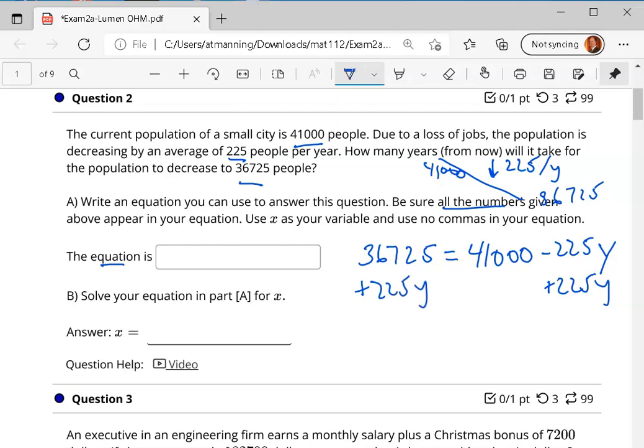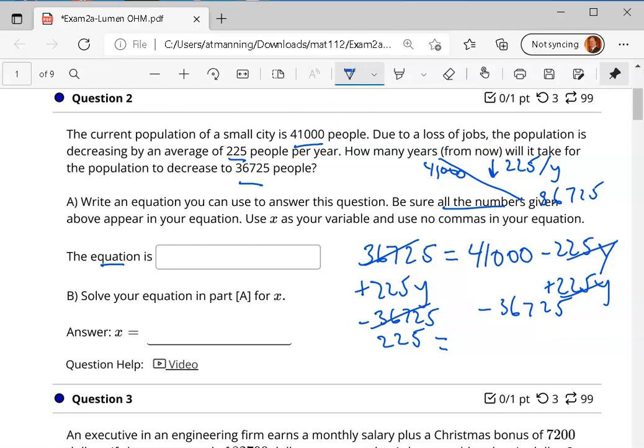And let's subtract 36,725 from both sides. That cancels out the 36,725, leaving the 225y equal to 41,000 minus 36,725.